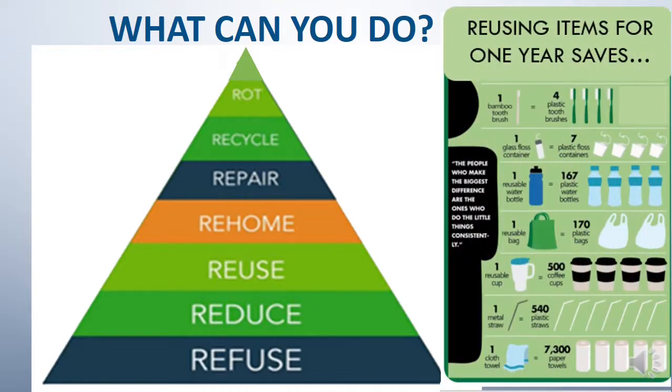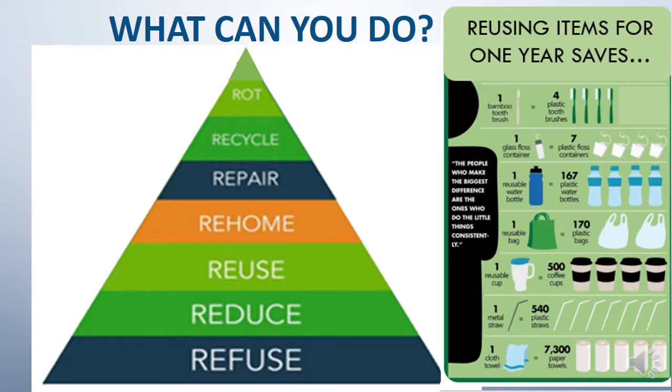This picture on the right demonstrates that replacing certain items with the items we probably use every day can help. For example, one bamboo toothbrush can replace 4 plastic toothbrushes in a year. One reusable water bottle can save 167 plastic water bottles that a normal person would use over the course of a year.